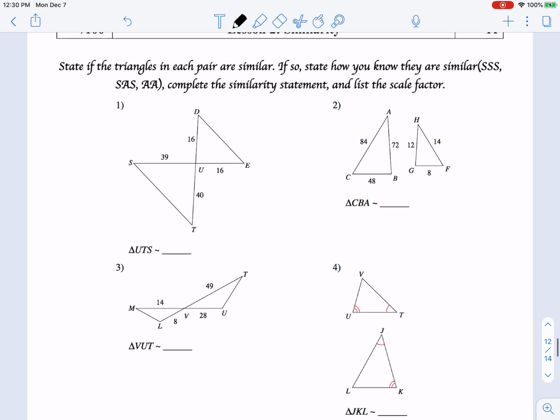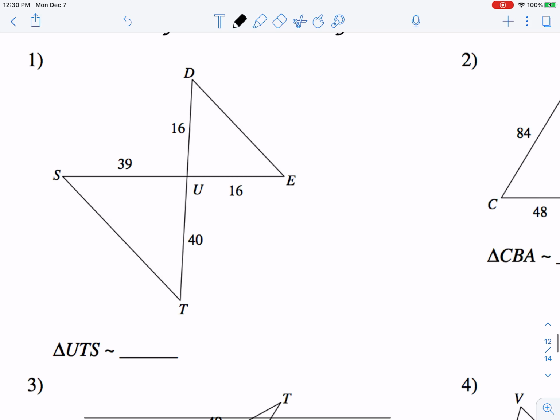All right. So here, if triangles are touching at a point, we know the angles are the same. Remember, then we take what we know about the sides. So I have 16 and 16. They're the same, so I'm going to color both of these green. So they must go with 40 and 39, because those are the only 2 I know about.